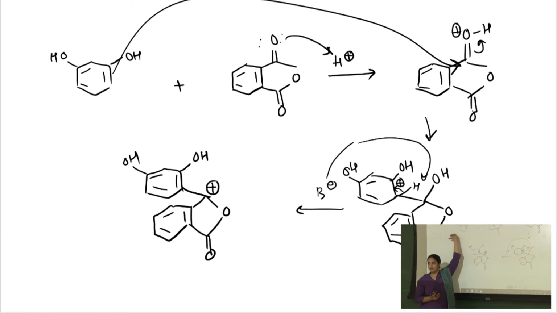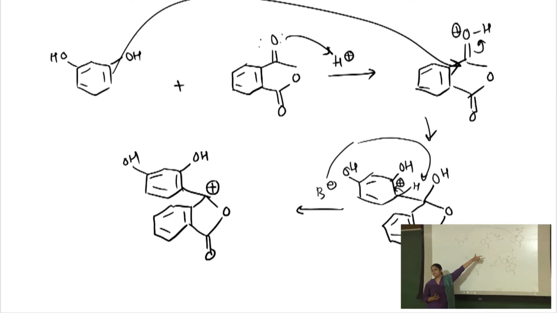Is it 1:1 or 1:2, right? So, one molecule of phthalic anhydride is reacting with 2 molecules of resorcinol, right? So, what do you think will happen next? We have added only 1 molecule of resorcinol till now. In the next step, what is going to happen is another molecule of resorcinol is going to attack this species. Now, where will it attack?